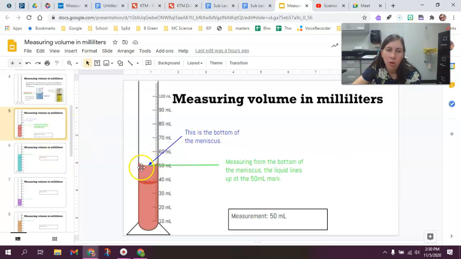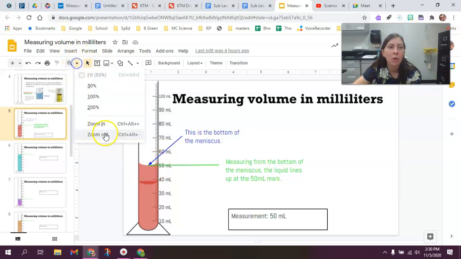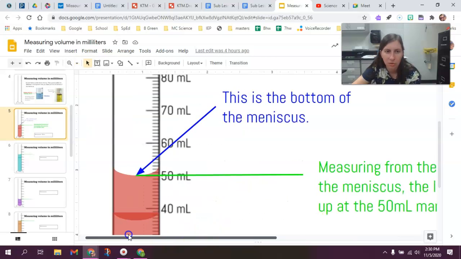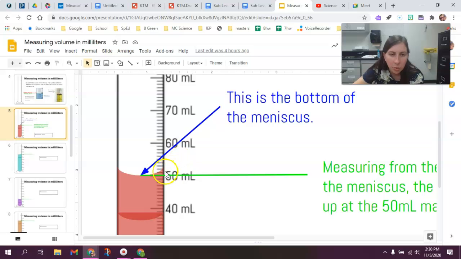So your assignments today will have a curved line. You have to make sure you're measuring from the bottom of the curved line. It's always a good idea on these ones especially to zoom in so that you can get a closer look. So we can see here the top of our meniscus of our curve is about 2 tick marks higher than the bottom of our curve.